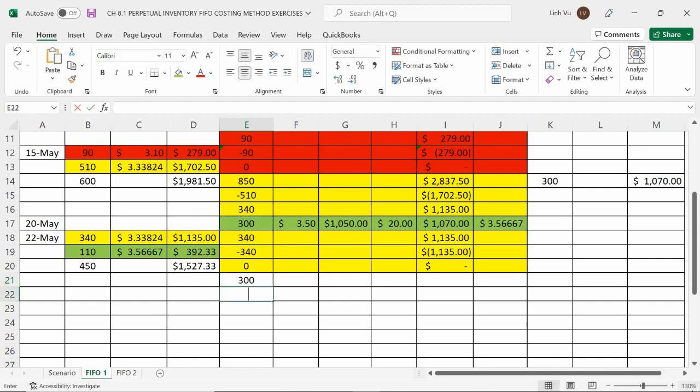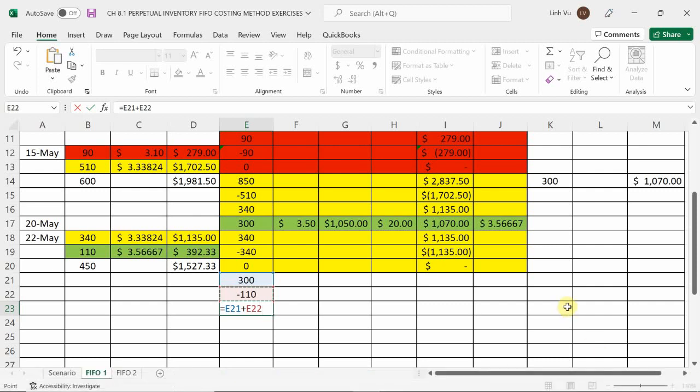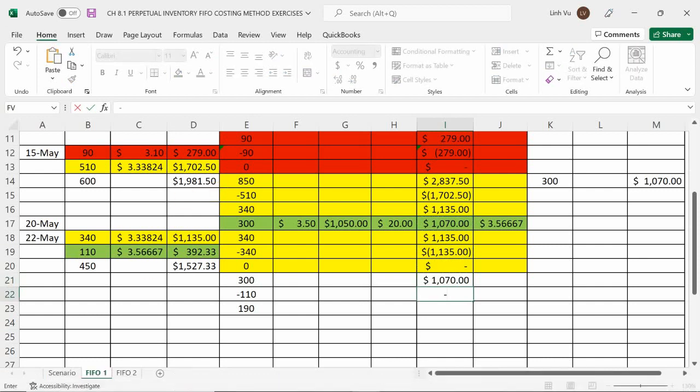If I had 300 units and I just sold 110, how many units should I have left remaining? 190. Okay? If I started out with $1,070 and I just sold $392.33, I should have $677.67.